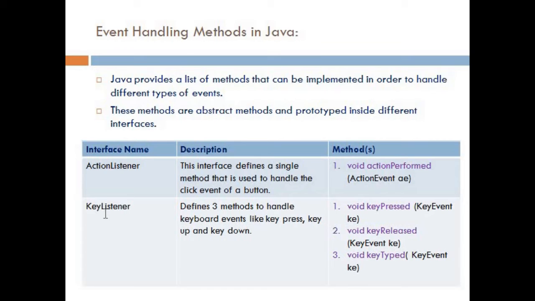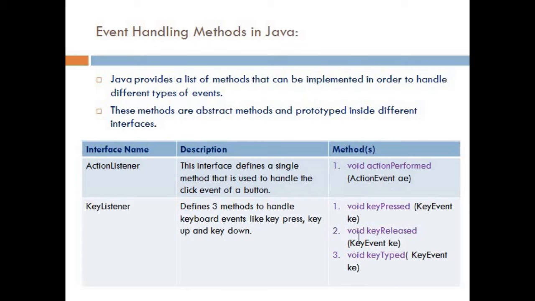Then come to the next interface known as the KeyListener. This interface defines three methods to handle the keyboard events like key press, key up and key down. So these are the three methods: void keyPressed, which gets executed whenever the key is pressed.